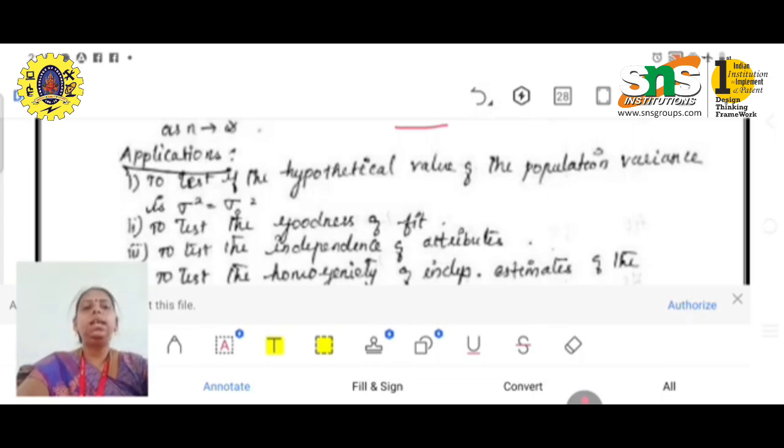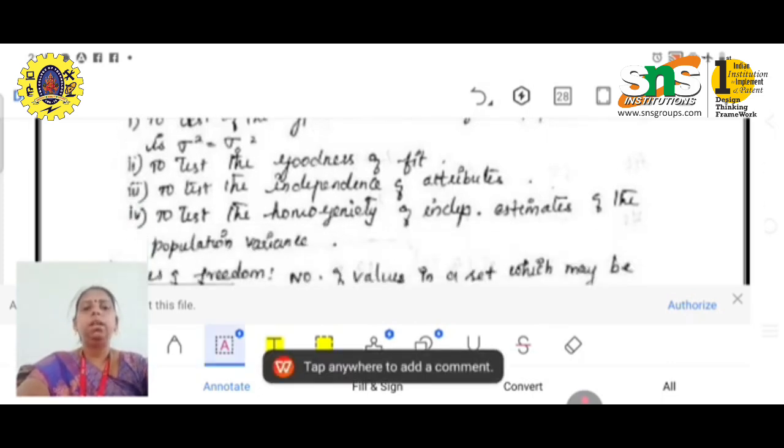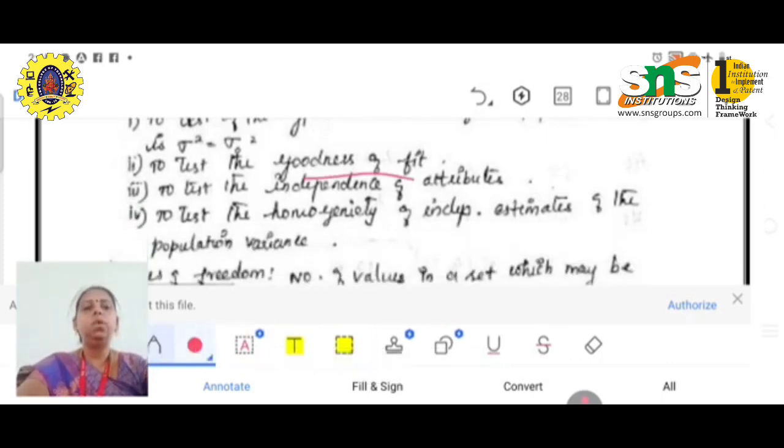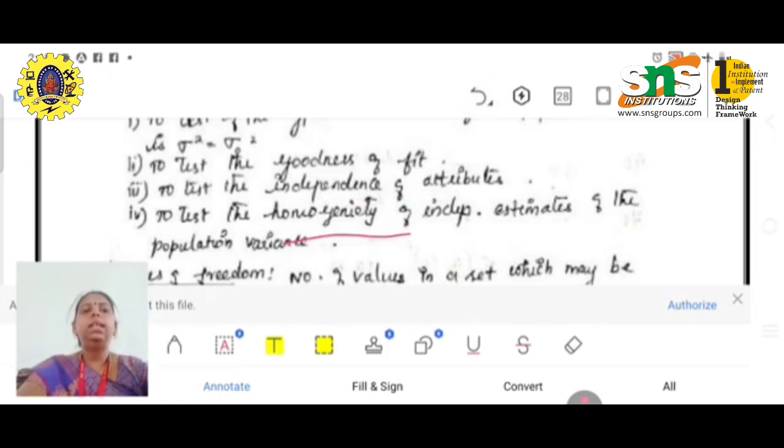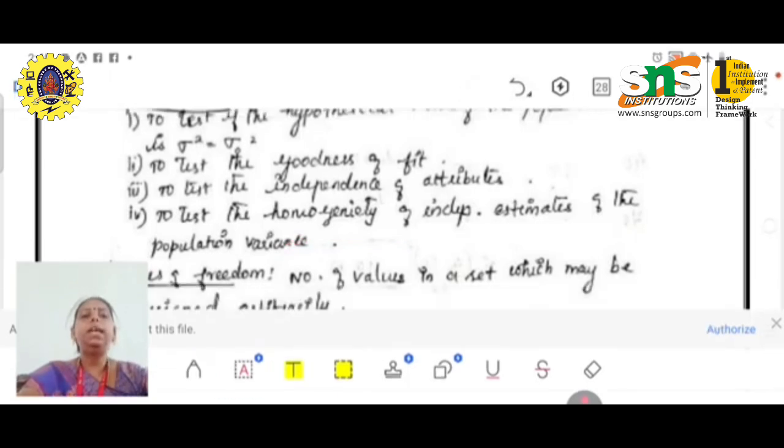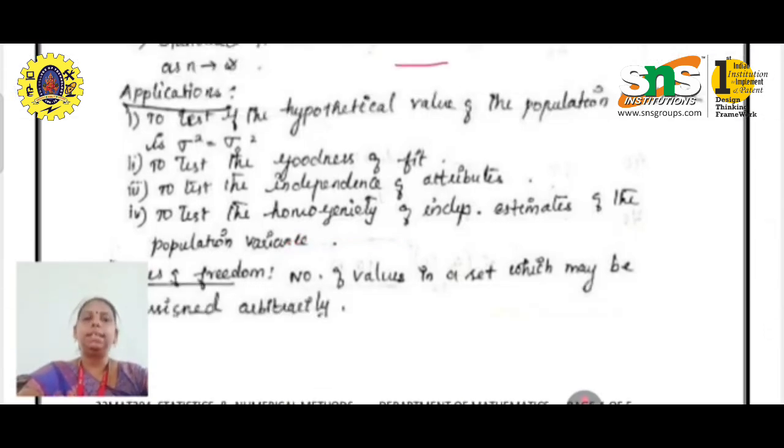Next, to test the goodness of fit. The next application is to test the independence of attributes. The final application is to test the homogeneity of independent attributes of the population. These are a few applications of chi-square test.